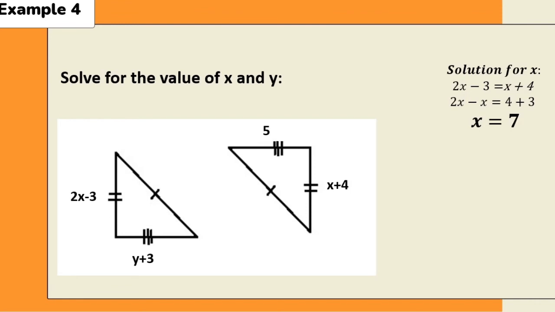Since we already got the value of x, let us now solve for the value of y. Y plus 3 is equal to 5. We get it through the markings. So since y plus 3 has the same markings with 5, then we can equate them. By addition property of equality, y equals 5 minus 3. Our value of y is 2.